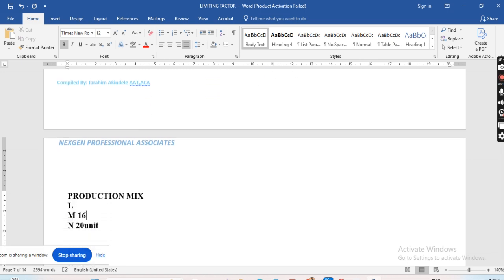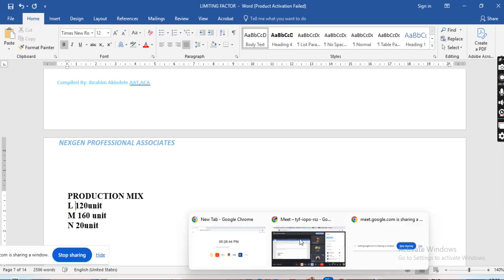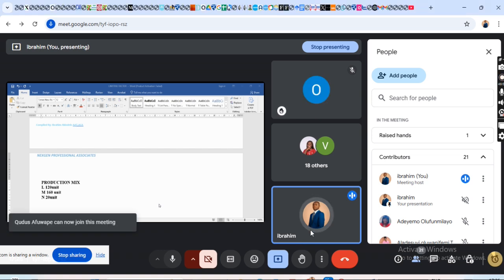M is 160 units. Then this is 120 units. Then we cannot do our profit statement. We can't even do a profit statement because fixed cost is not given in this question. We're only told to recommend a production mix, and this is our production mix.